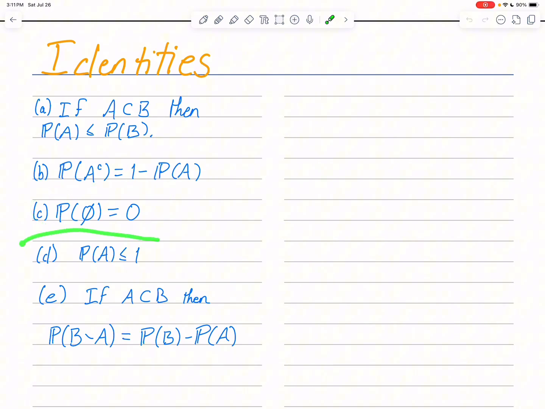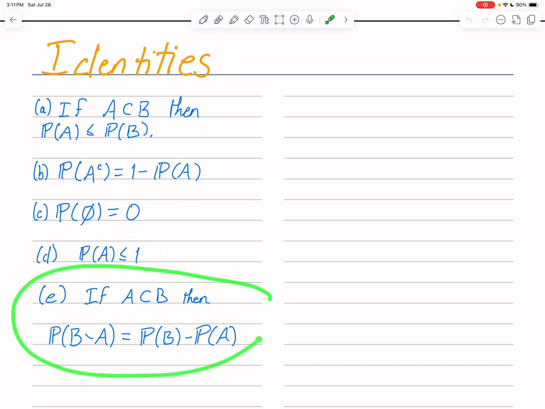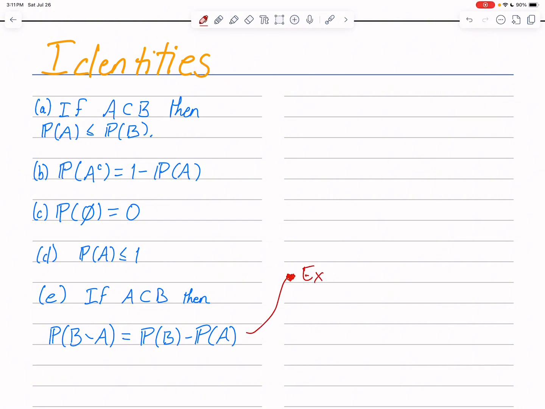The probability of any event is less than or equal to 1. And then, returning to the case where A is a subset of B, the probability of B minus A is the probability of B minus the probability of A. By the way, I should remark that this has a name, and since I will often call it by its name, I should tell you what that is now. This is often called excision.